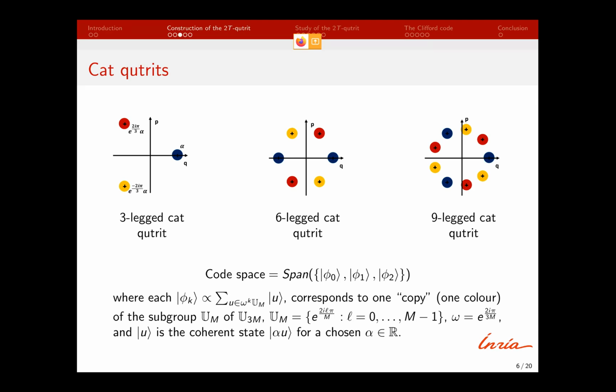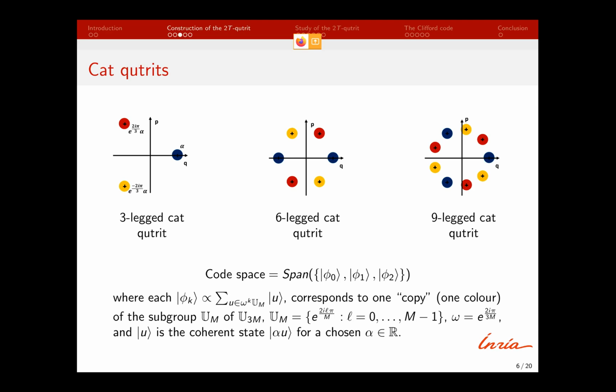The first one is an equal superposition of the two blue coherent states, then the second one the two yellow coherent states, and then the third one an equal superposition of the two red coherent states. And so every time, we have some initial state, and then a copy of that state rotated by some angle, and same thing for the nine-legged cat qutrit.